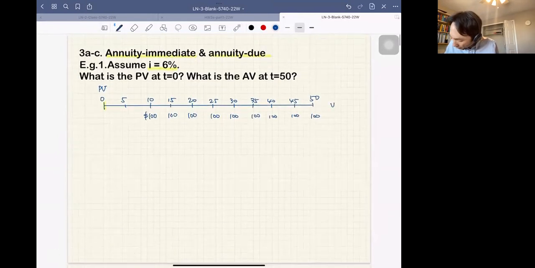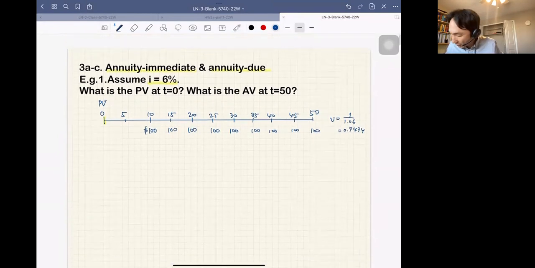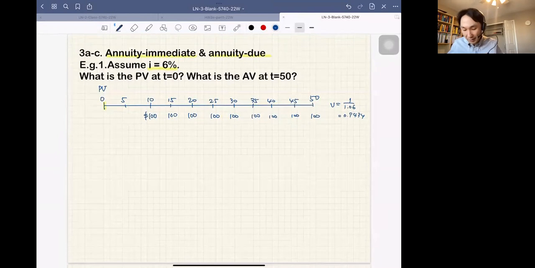And v is equal to 1 over 1.06, so this is 0.9434. Maybe again I ask you to guess the PV. What is the PV? Total payment amount is what? The $100 times 1, 2, 3, 4, 5, 6, 7, 8, 9, so $900.